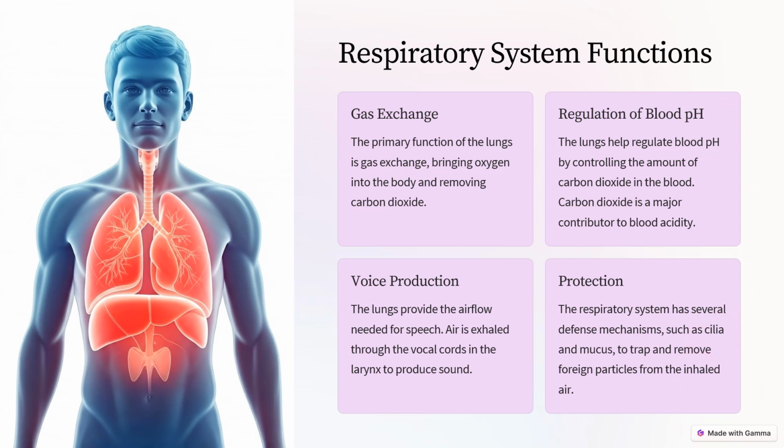For example, if this is the left bronchus and here the right bronchus, these cilia are finger-like projections. As the air enters, if there is any dust particle, it binds with the cilia and mucus. So mucus traps it and cilia also trap it, and the filtered air enters the lungs.